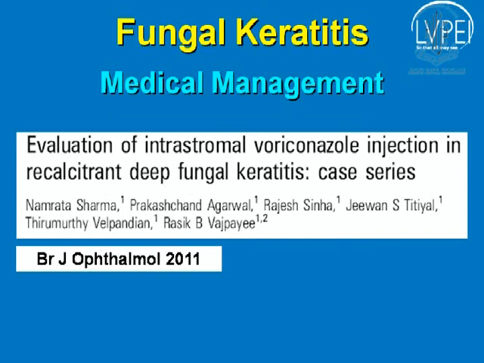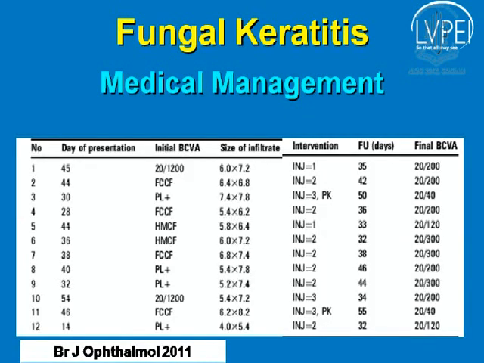The paper published by Dr. Namrata Sharma in 2011 clearly shows that these are the options available to you in recalcitrant cases of fungal keratitis. However, you should remember that some of these patients may require multiple injections and may not even respond to this mode of treatment.